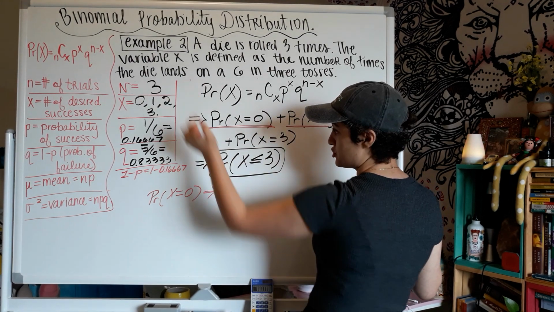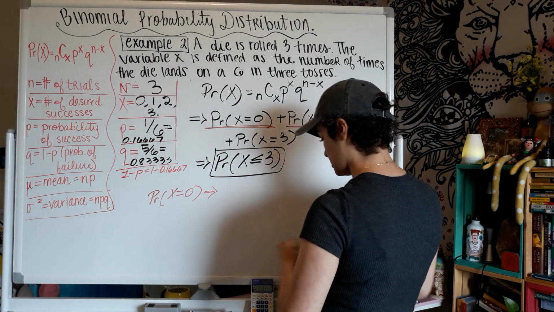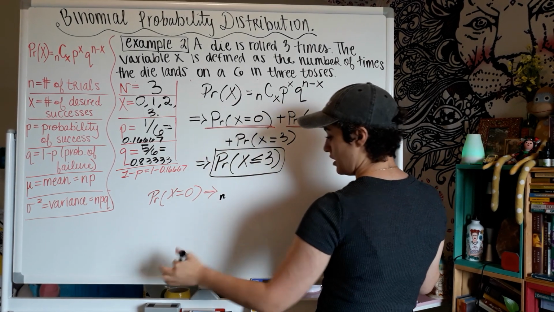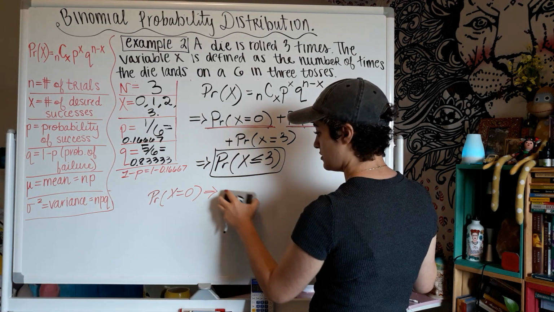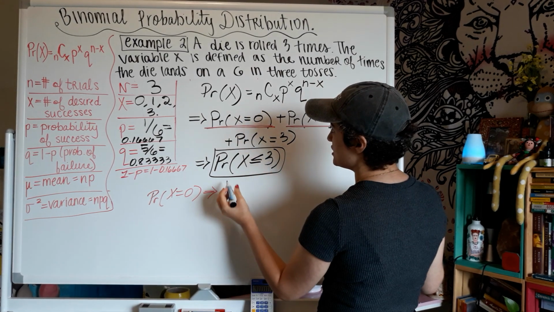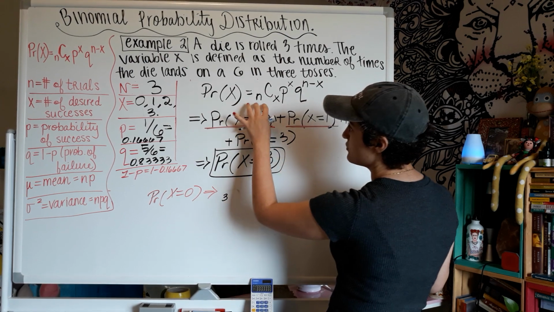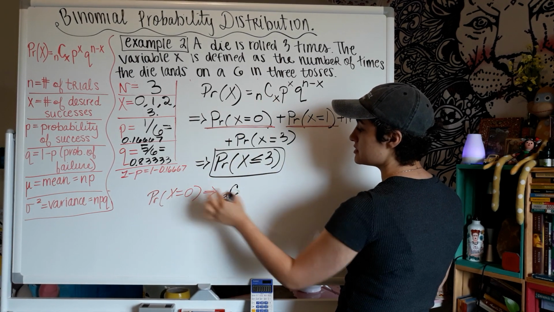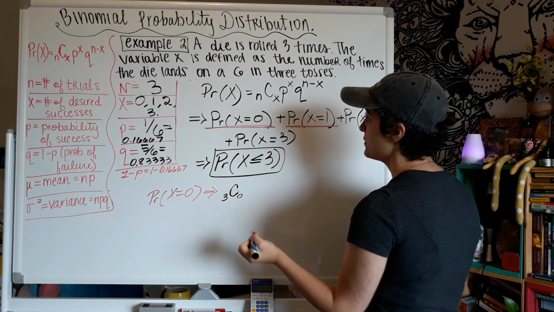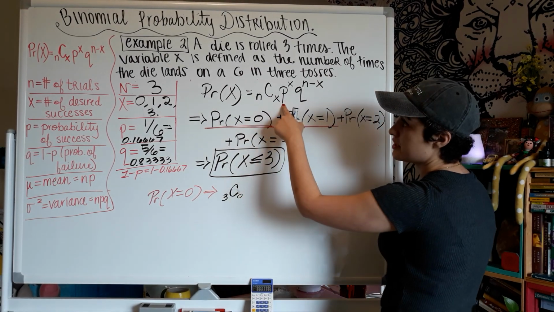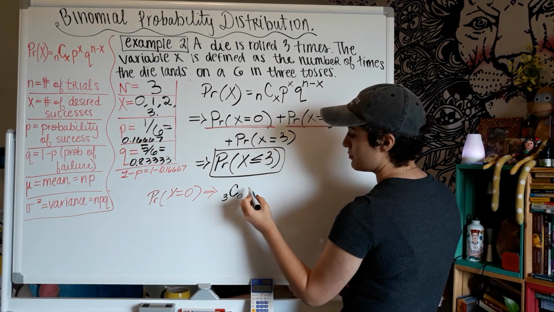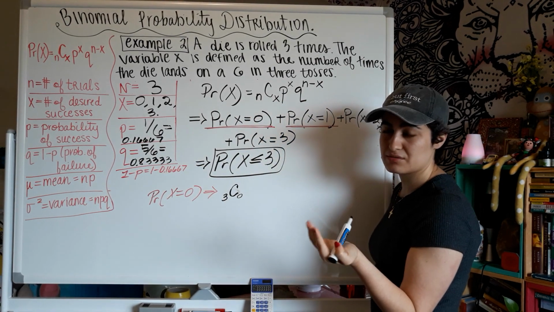N, which is 3, let's do it in block. So 3, following this formula, combination, x here is 0, okay? The probability of success, which is p, you could do the fraction or the decimal, doesn't really matter.